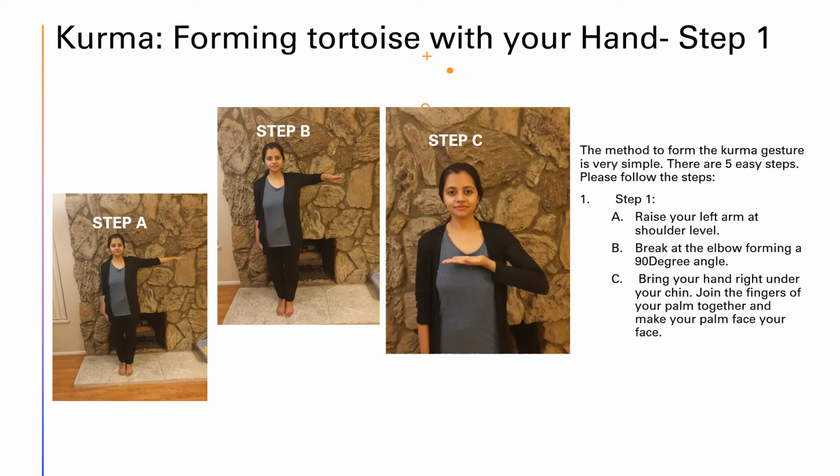Step B, break the elbow forming a 90-degree angle again. And step C is just bring your hand right under your chin. Join the fingers of your palm together and make the palm face your face. Okay, so the palm of your hand will be facing upwards. You can see that from this close-up image of step C.